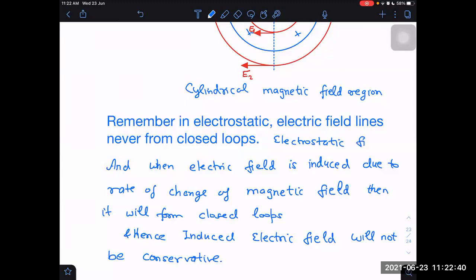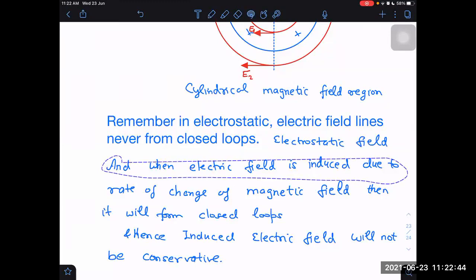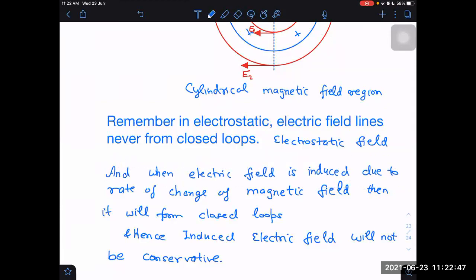Electrostatic field lines, on the other hand, are conservative. Means the work done by those field lines in a closed loop will be zero in electrostatic field lines.